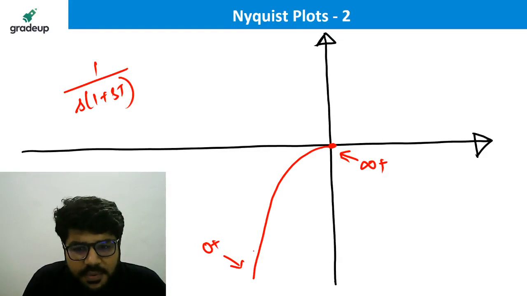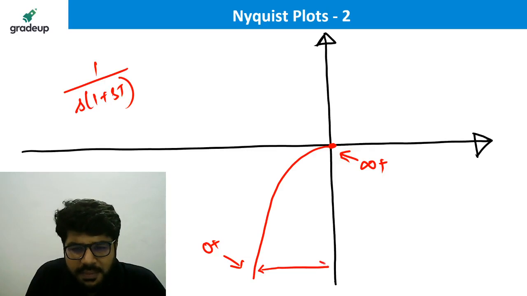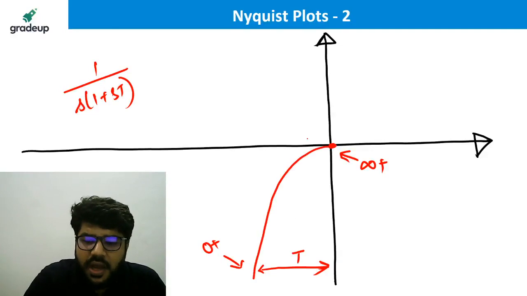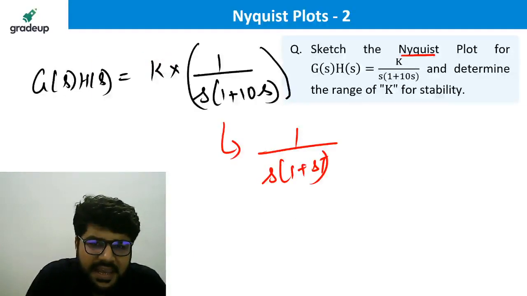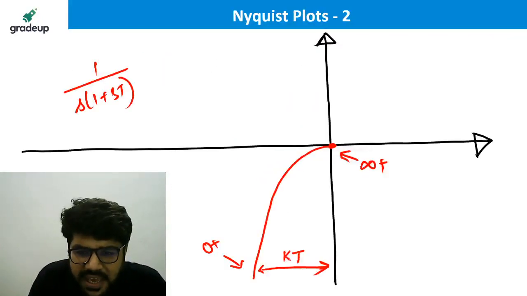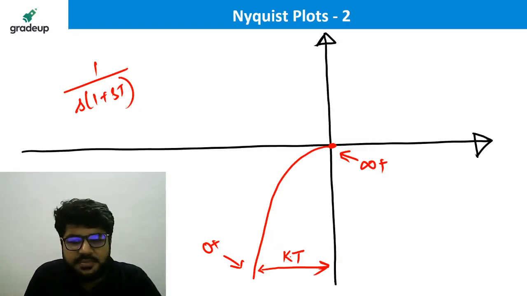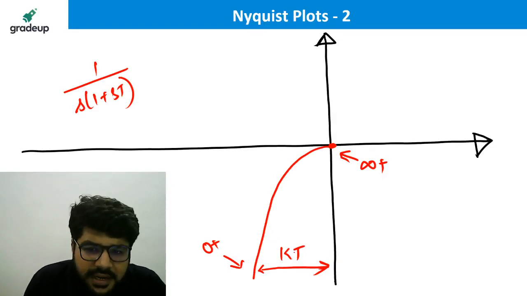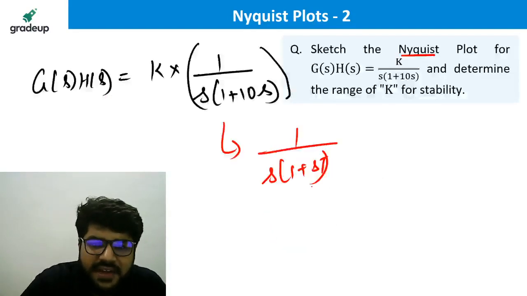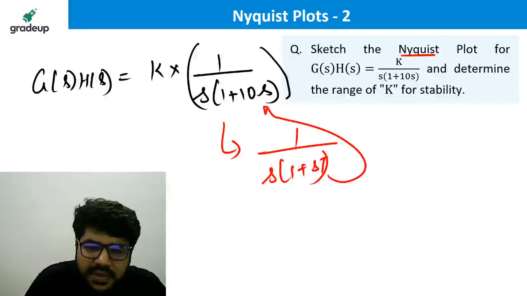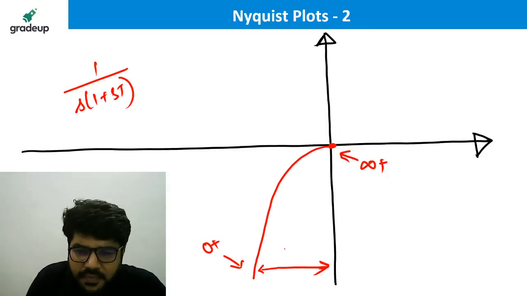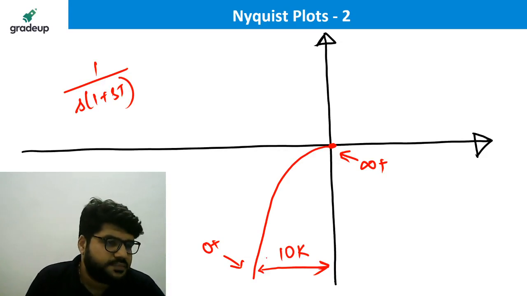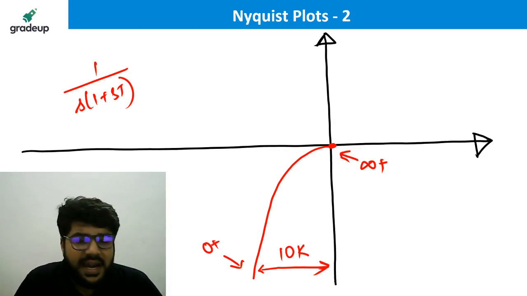This distance, if you remember, was equal to T. Now because it is multiplied by K, this distance becomes K into T, since all the magnitudes will be multiplied by K. The value of T is 10, so it is 10K. That is the polar plot complete.